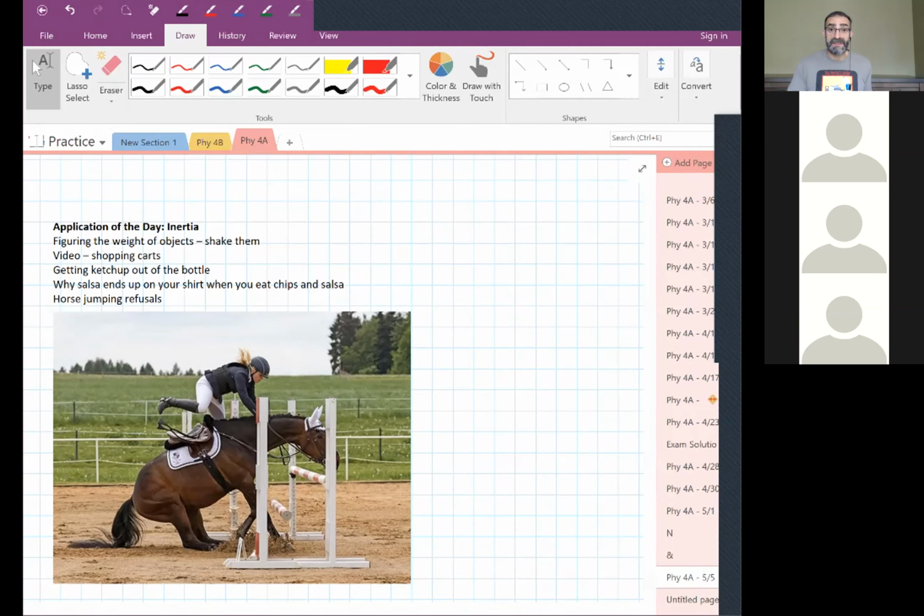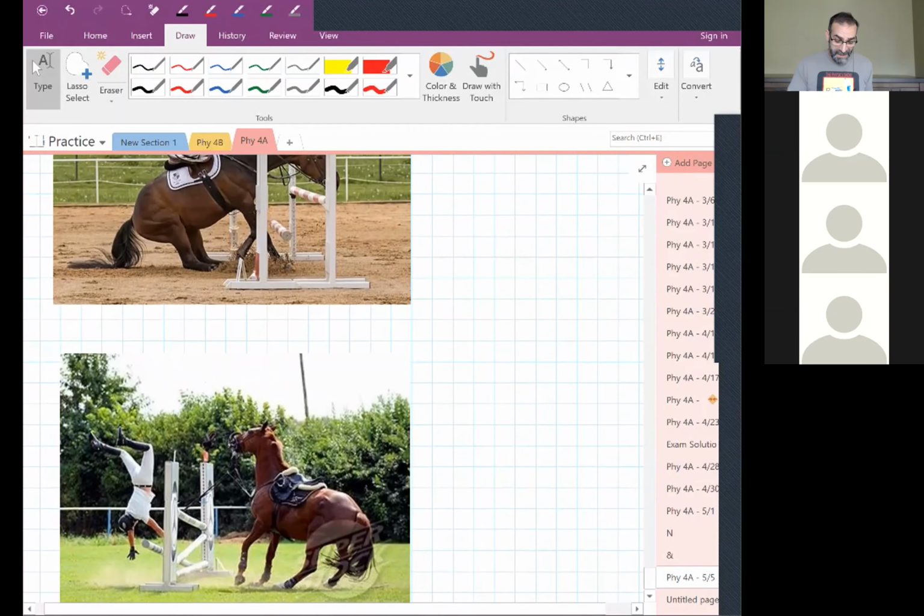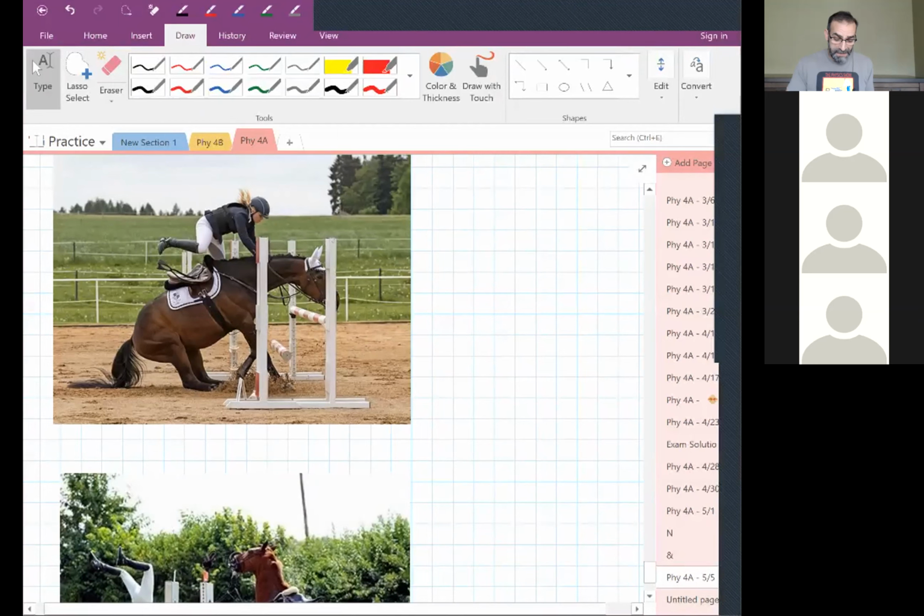It's called a refusal. When that horse refuses to jump, what happens to the rider? The rider keeps going because they have inertia. When the horse stops, the rider keeps going.